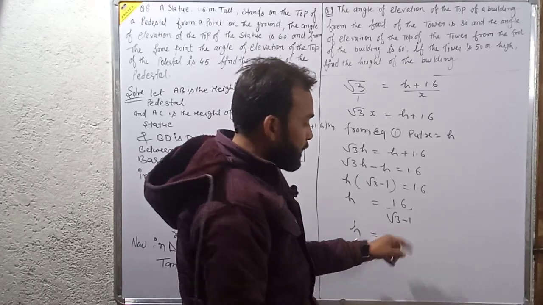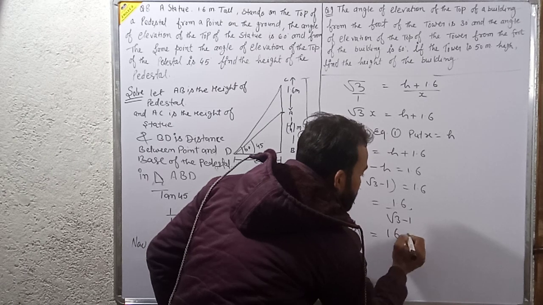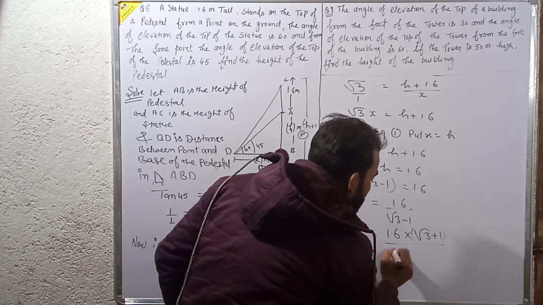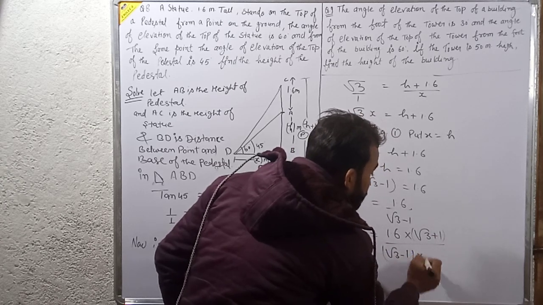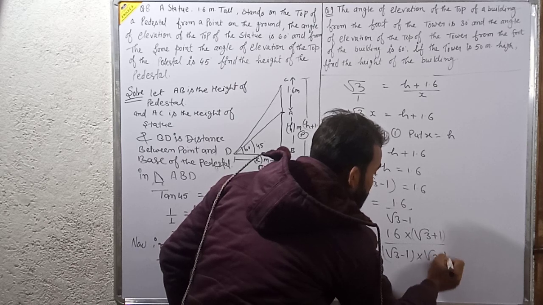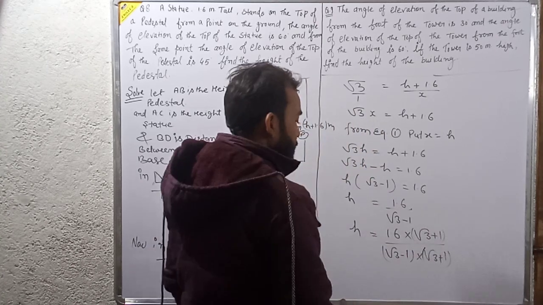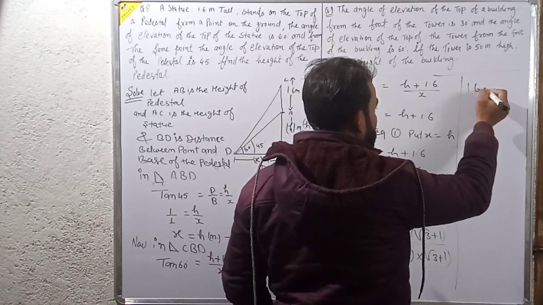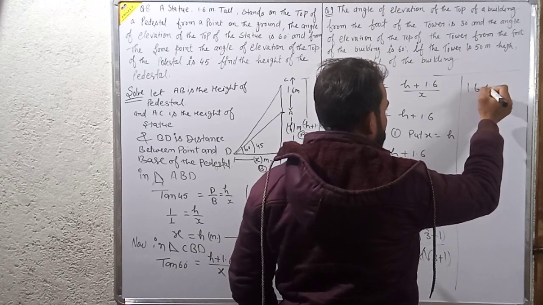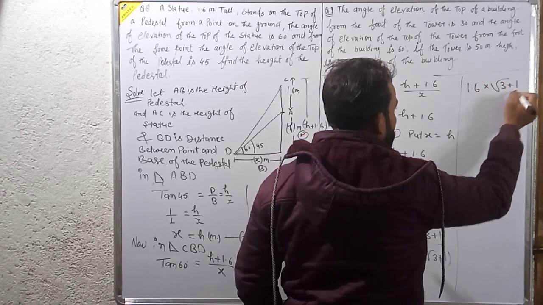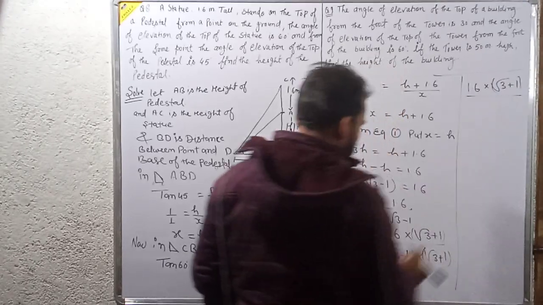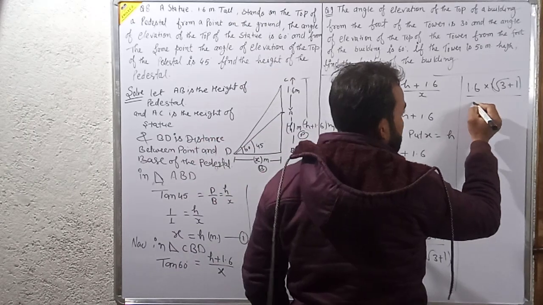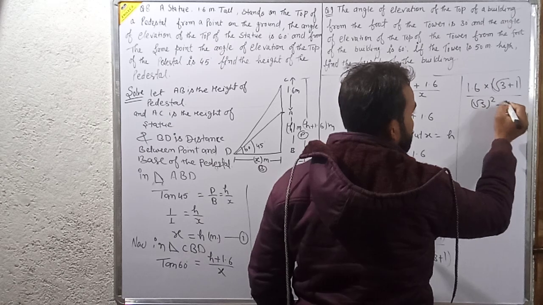H is equal to, this will be rationalization, and becomes 1.6 into root 3 plus 1 upon root 3 minus 1 into root 3 plus 1. It becomes 1.6 into root 3 plus 1 upon root 3 square minus 1 square.